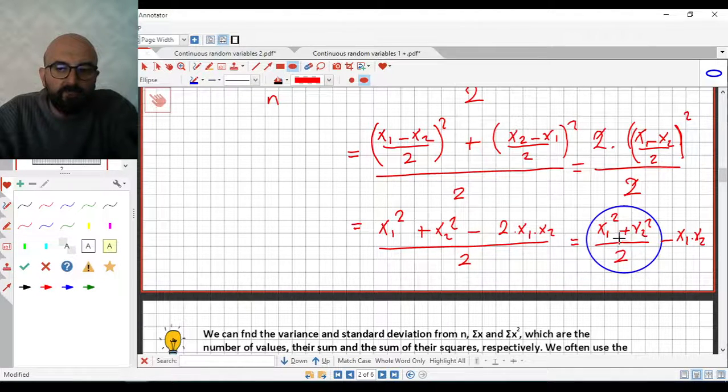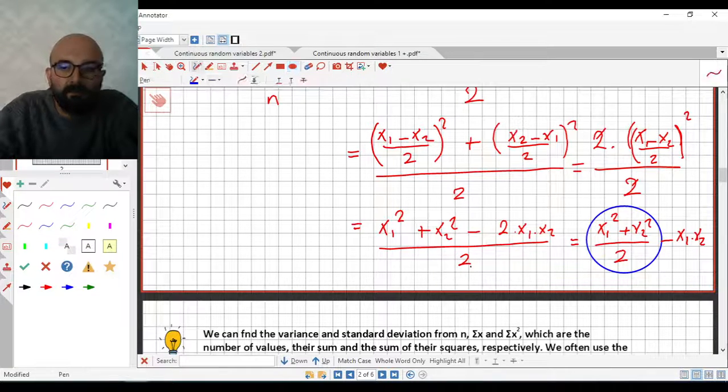And please notice that the mean is squared, so it becomes 2 squared, 4, and over 2.